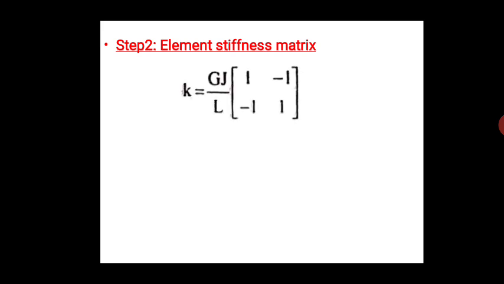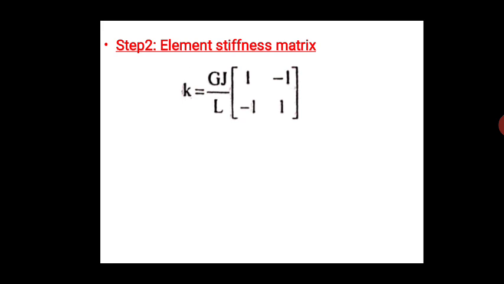This is the first step. The second step is to write the element stiffness matrix for a shaft problem. That is, K is equal to GJ divided by L into the matrix 1, minus 1, minus 1 and 1.